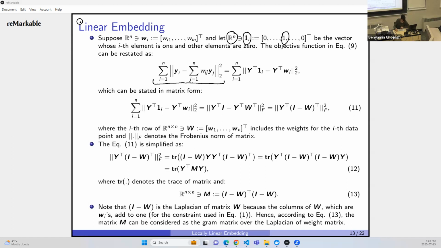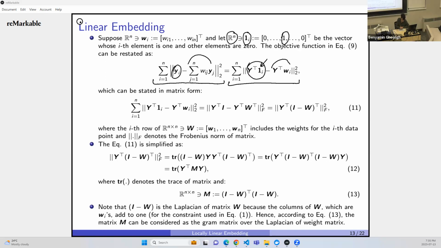Okay. Then I can write this in this form. I can say y transpose 1i, y, because this filters the ith row of the matrix y. Therefore, it gives me yi. And also, I can write this as y transpose wi.